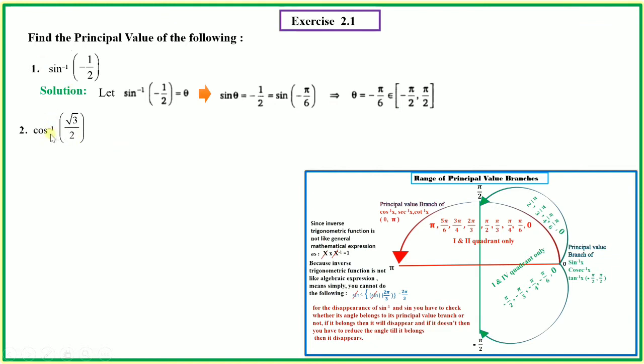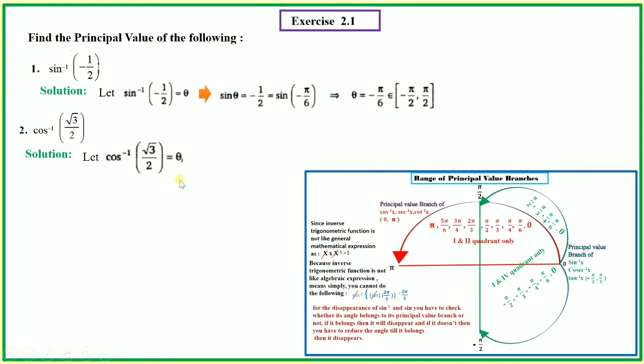The next question is almost the same: cos inverse root 3 by 2. We have to find the principal value. Again we will suppose cos inverse root 3 by 2 as theta. For the solution, let cos inverse root 3 by 2 be equal to theta.